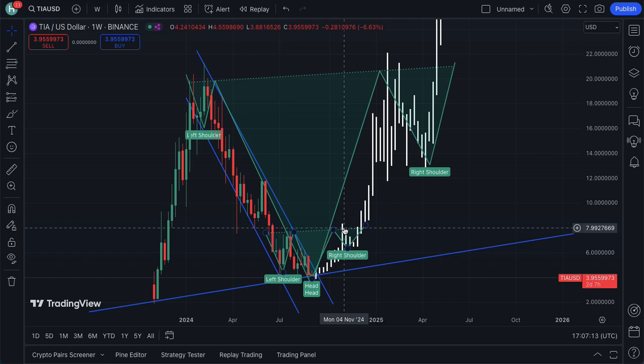But here, since I said 28th of October, there's going to be a lot of TIA tokens entering circulating supply, almost double. So I anticipate we reach around $8 before 28th of October, and then we will correct. Maybe we'll go again around $4, just to test these previous prices.